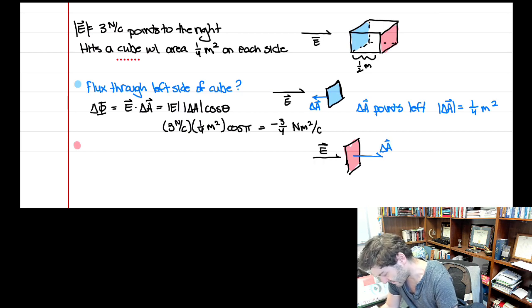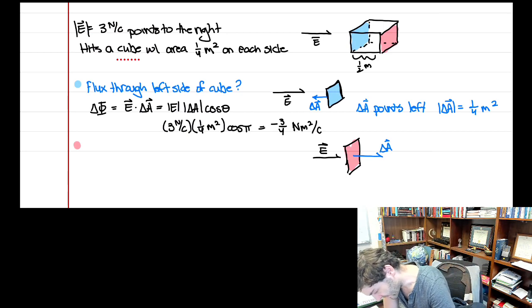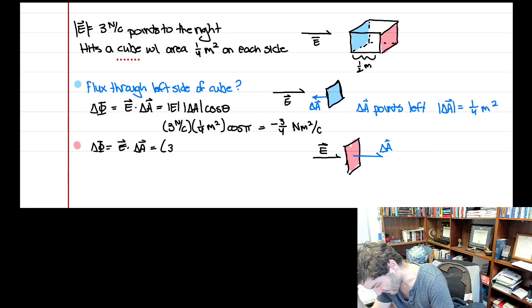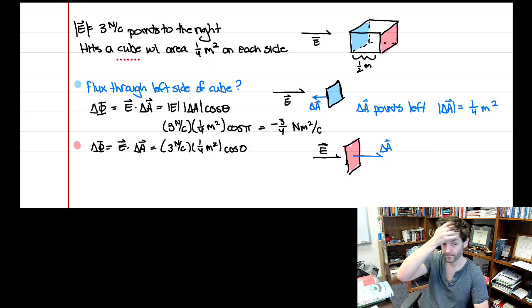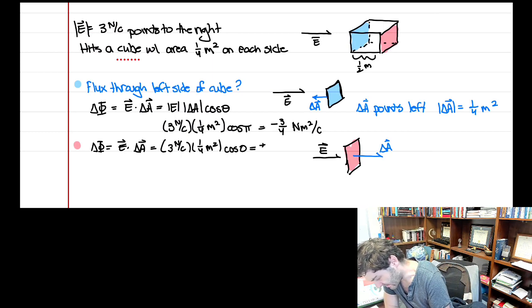And then the electric field is uniform, so it's still pointing to the right. So there delta phi is equal to, by definition, the electric field times this new area vector, which is 3 newtons per coulomb. The area of the slab is still 1/4 meter squared. And then it's cosine of 0 degrees, or 0 radians, because E and delta A are in the same direction. So that's plus 3/4 newton meter squared per coulomb.